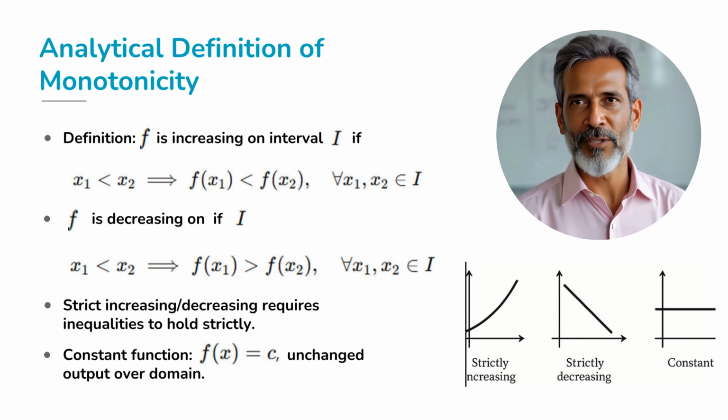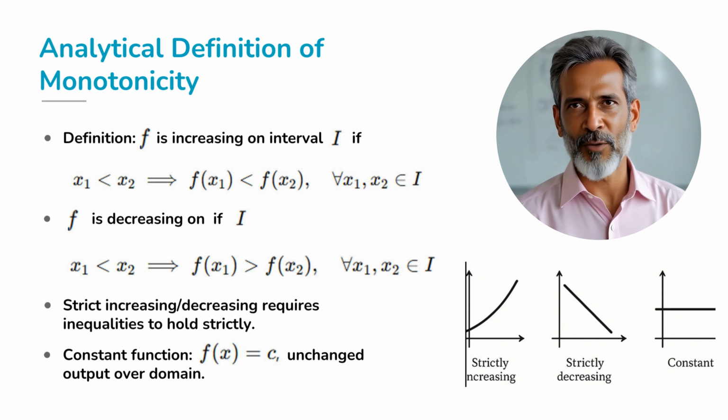In simpler words, as x increases, the function f of x increases too. On the other hand, a function is decreasing on an interval if for any 2 points x1 less than x2, we have f of x1 is greater than f of x2, meaning as x increases, f of x is actually going down.